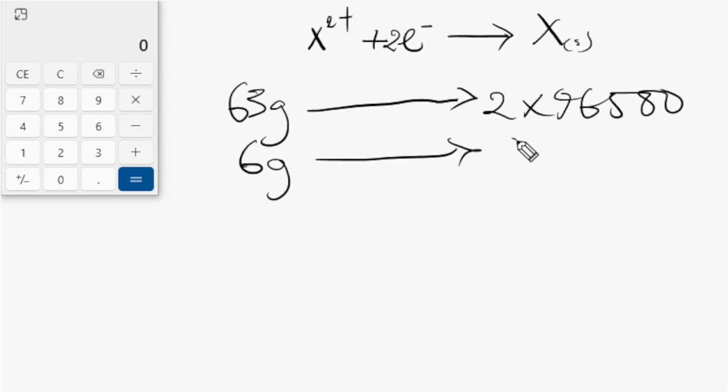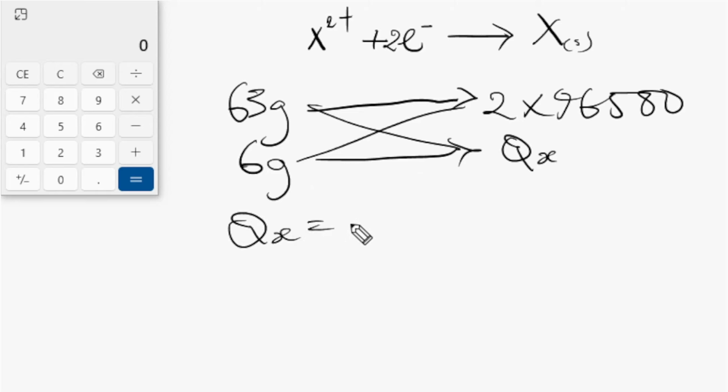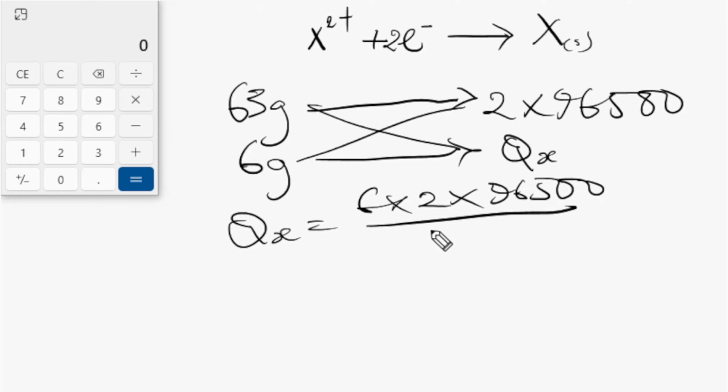So the next question is, what's the charge that will be required for the 6 grams of X? So let's call this Q for X. So we're going to cross these out, and then the Q for X here is going to be 6 times 2 times 96,500 over 63.